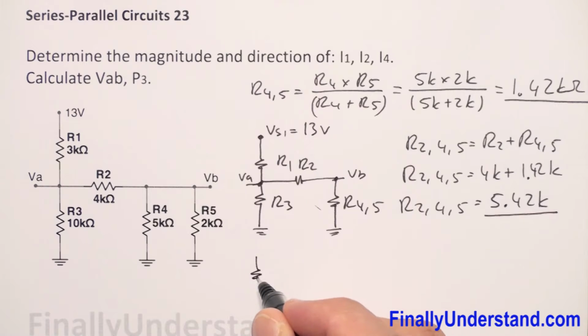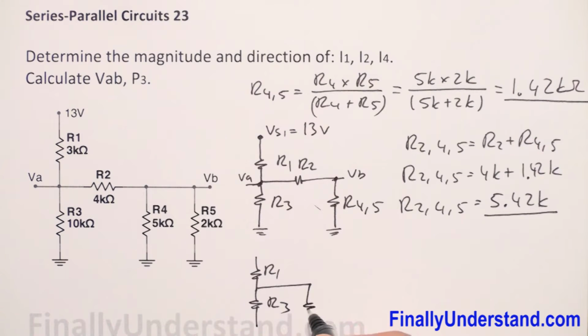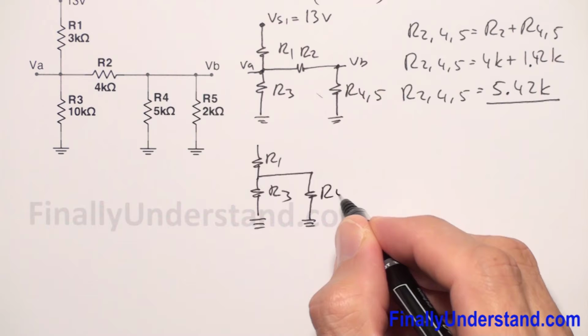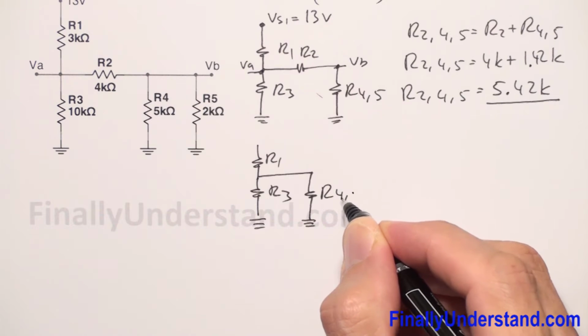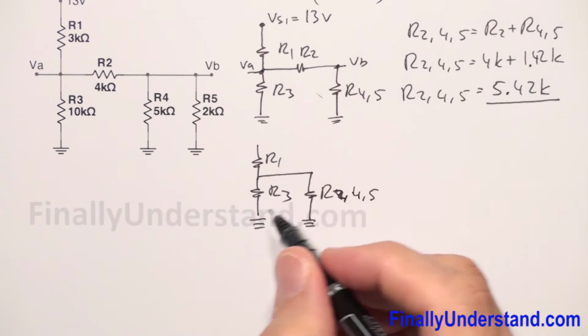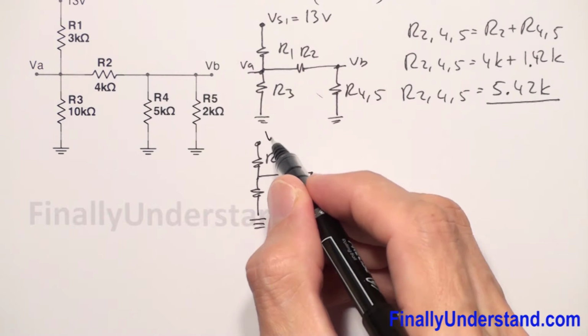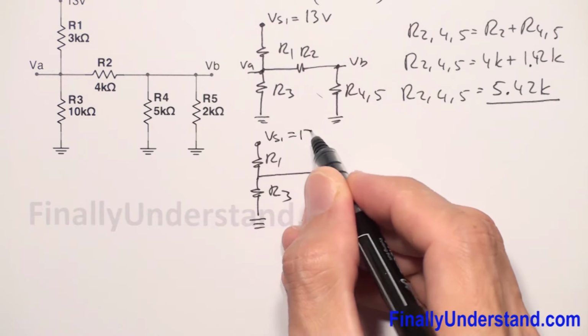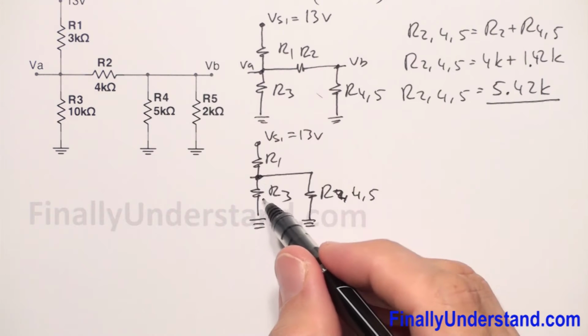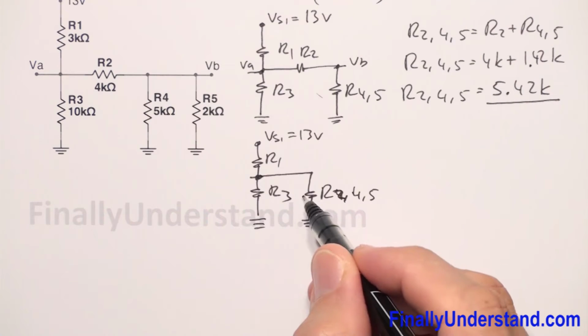The circuit is going to look like this right now. I have resistor R1, I have resistor R3, and I have resistor R245 over here. This is my voltage source 1 equals 13 volts. As you can see, these two resistors are in parallel this time.